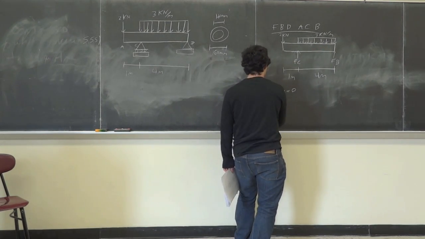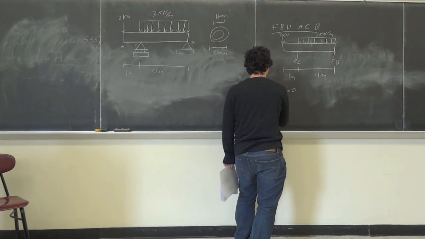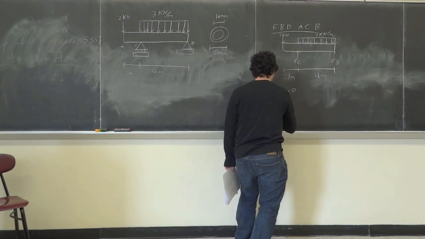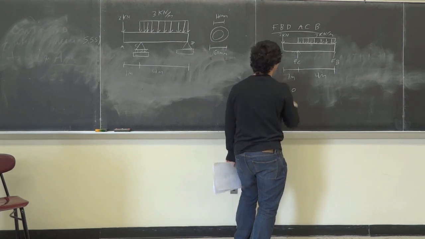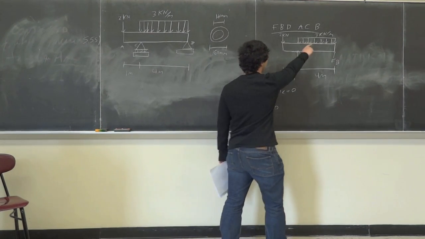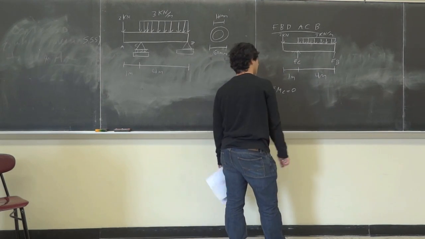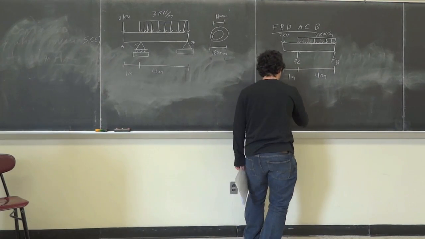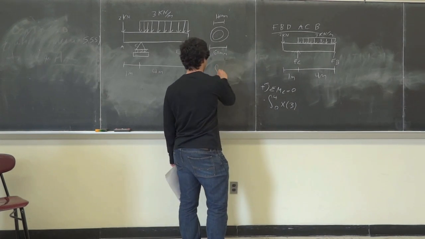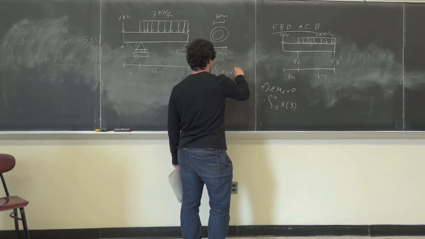Okay? So this distributed load is going to cause a moment, right? So that's minus, it's going to go clockwise, so it's minus the integral. It starts from 0. I'm labeling my coordinate axis from here. So it's 0 to 4. And the distributed load, W sub x, is 3 kilonewtons per meter. So it's just x times 3. So remember, the integral equation is x w(x) dx.